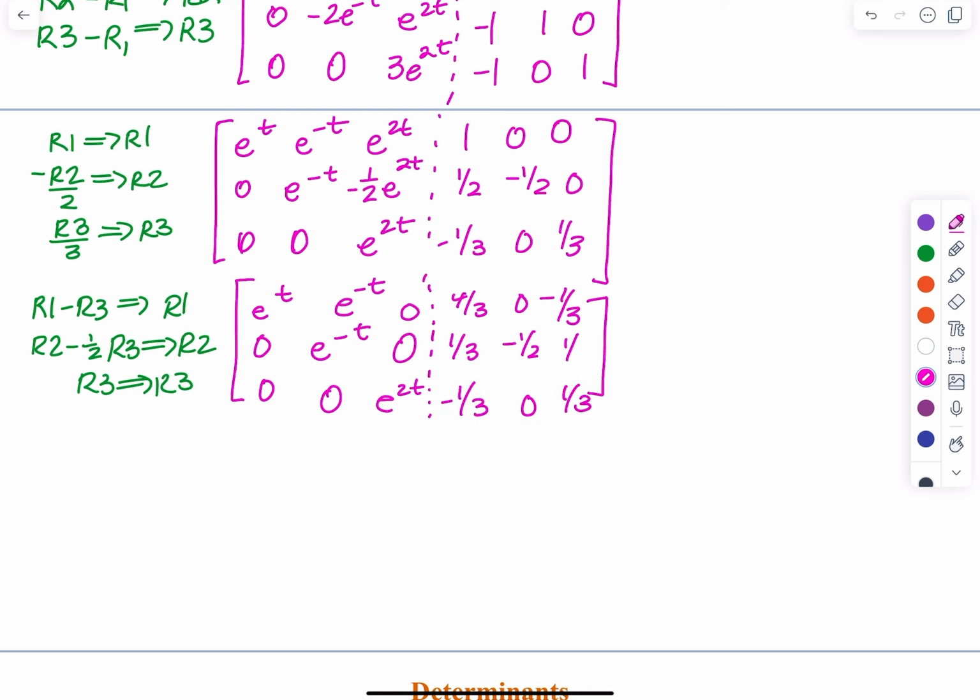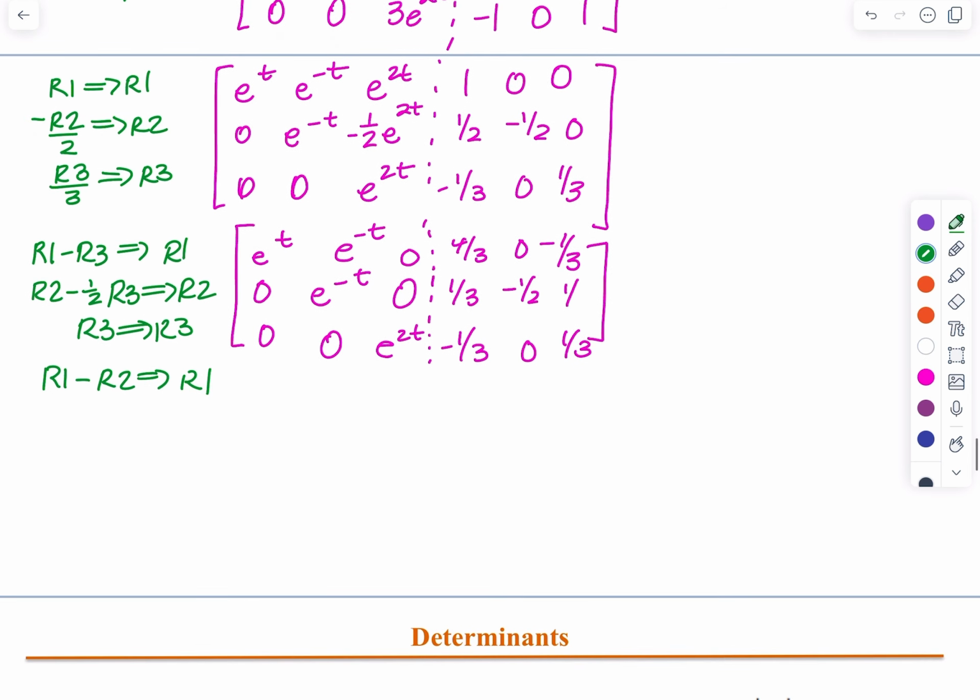Okay, we are going to take row 1 and subtract row 2 from it, and that's going to be our new row 1. So we're going to have row 1 minus row 2, and that's our new row 1. And that's about all we're going to do. We're going to leave row 2 and row 3 alone.